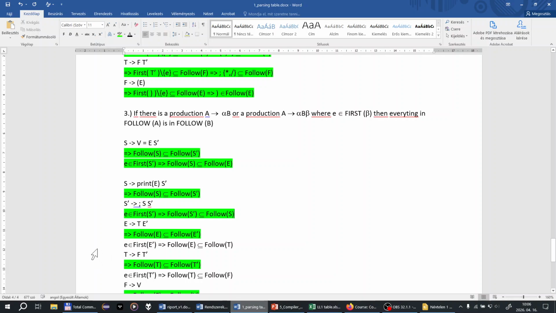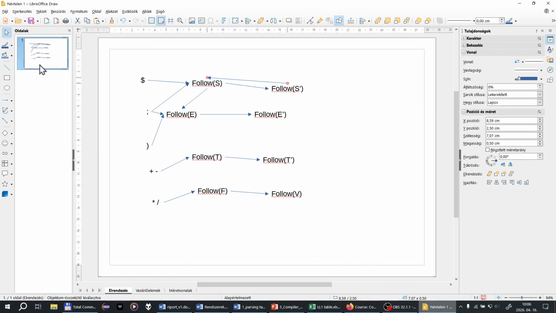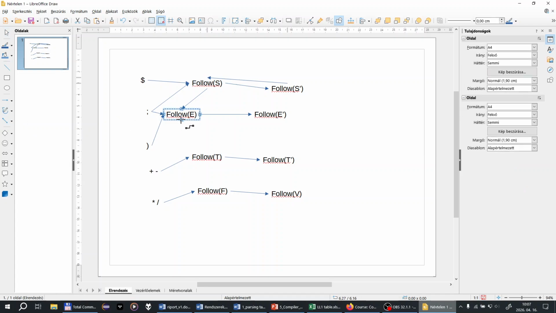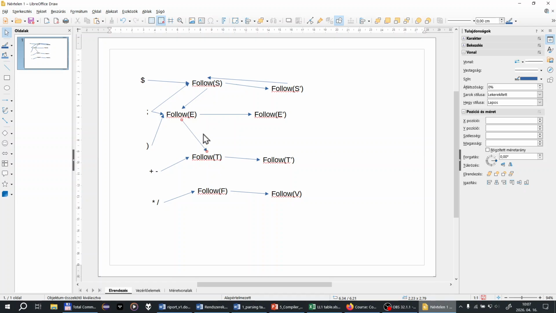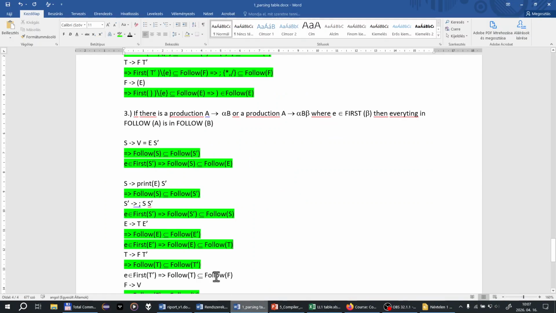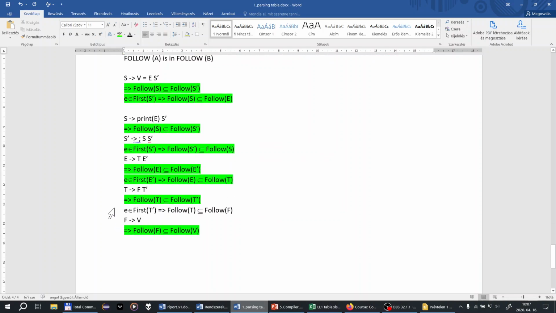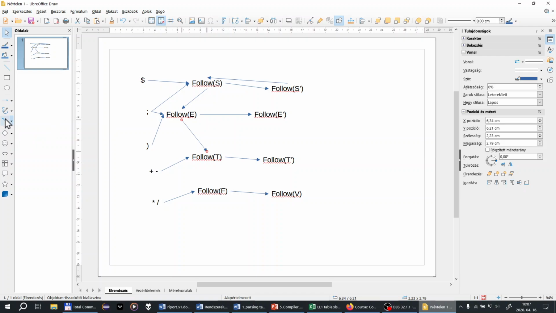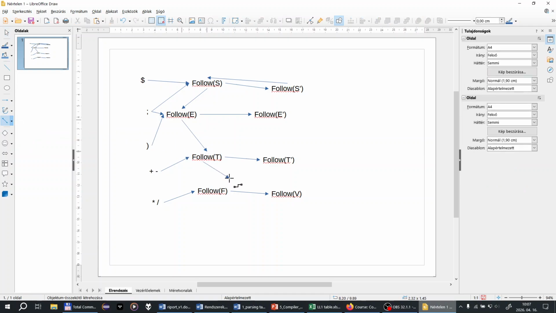And follow E is a subset of follow T. So we have E to T. That's why I started to draw this way, because we have to follow all these arcs. Okay. And then follow T is a subset of follow F. Okay, that's it.